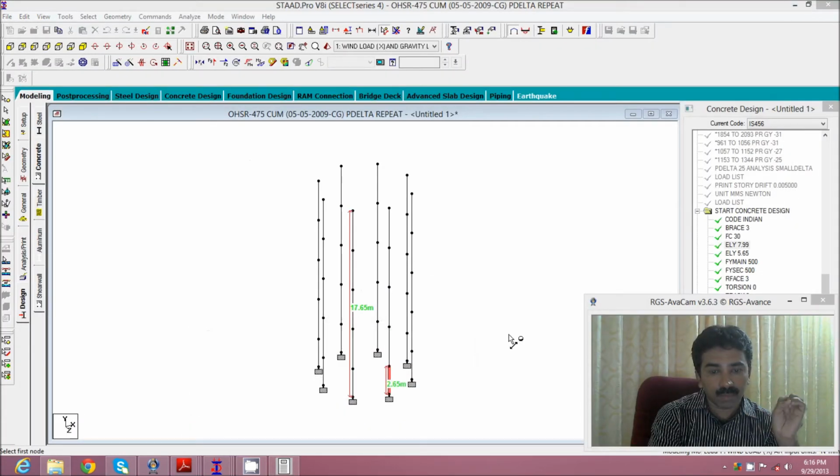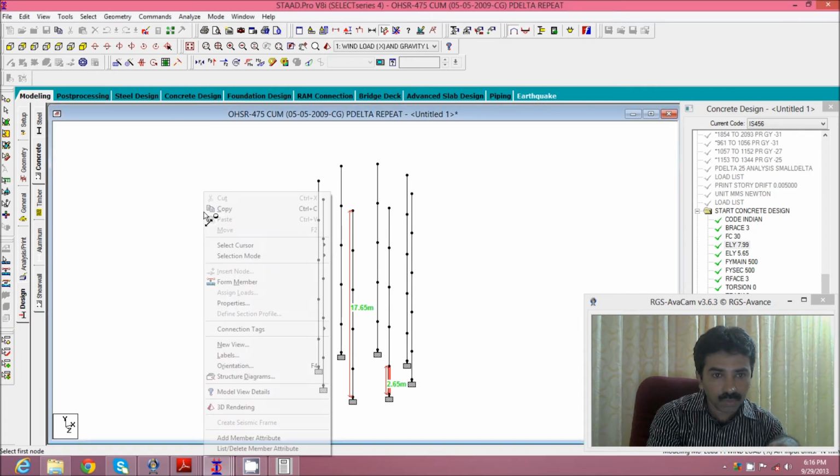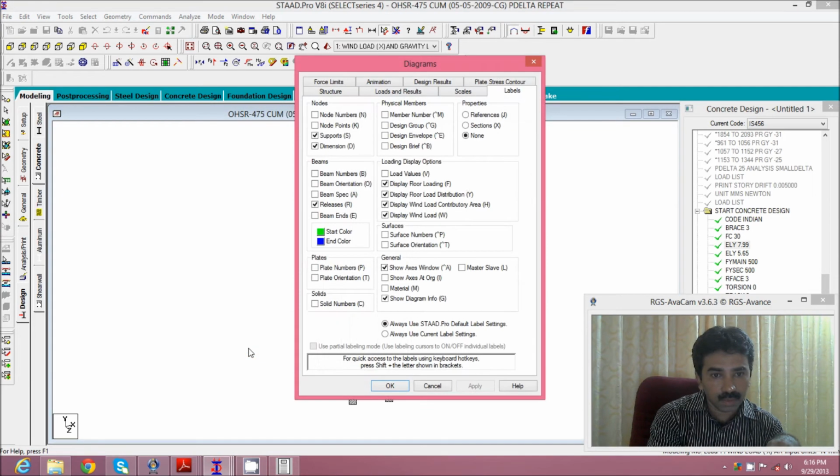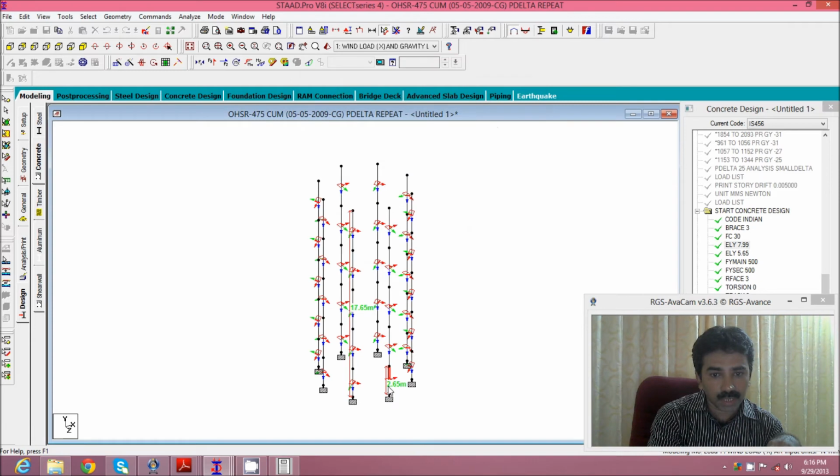That's the requirement. And now the question may come, why ELY 7.99? Why not ELZ 7.99 or some other value? For that purpose, while we give the values, we have to see the beam orientation here.